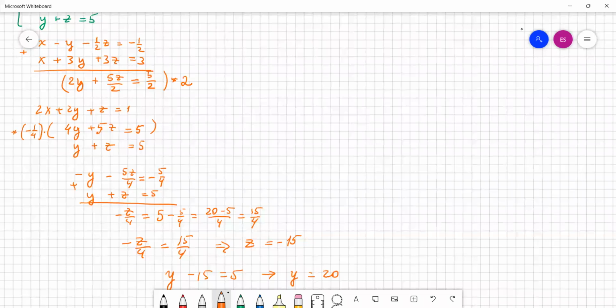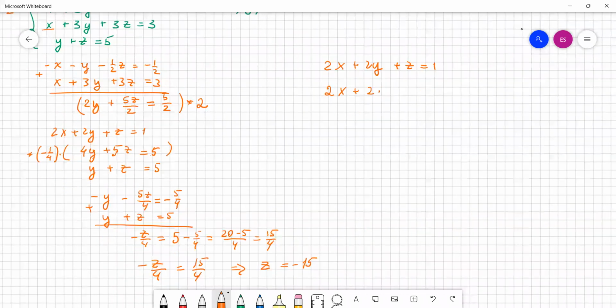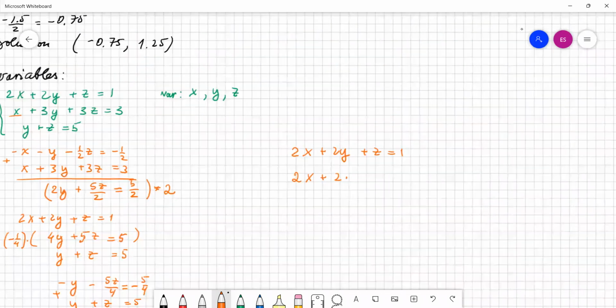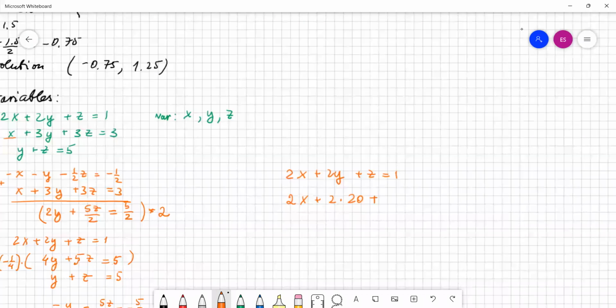Now, let me scroll it down. So my first equation is 2x plus 2y plus z equals 1. So I'm going to write down 2x plus 2 times my y, which equals, let me look, 20, plus my z, sorry, is minus 15. Well, I'm going to put minus 15 in parentheses.